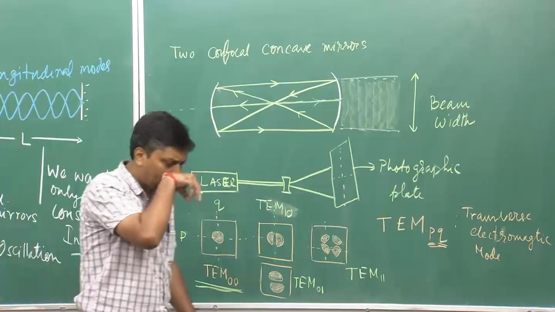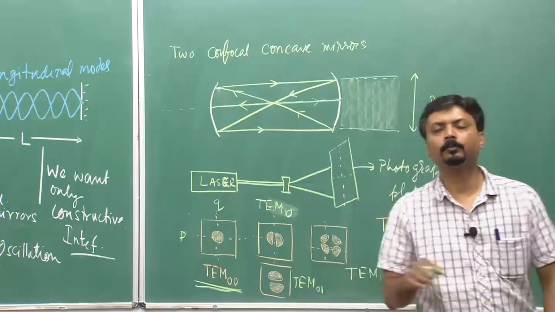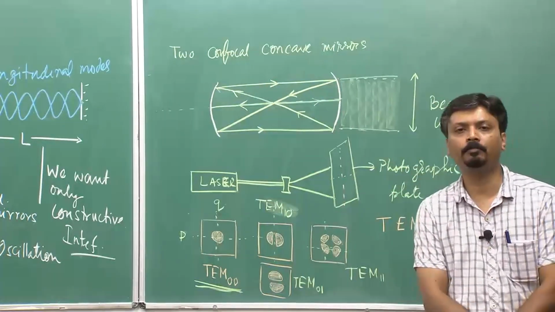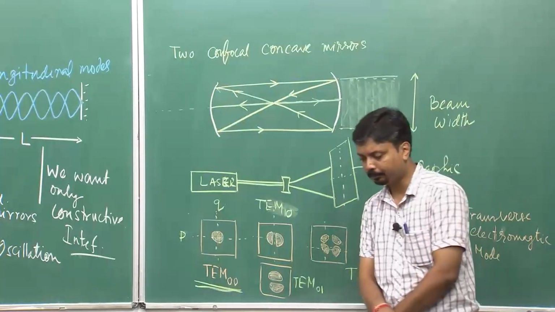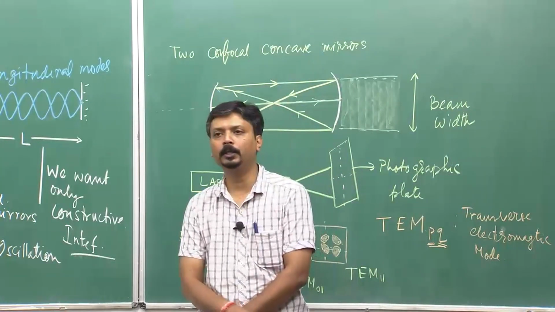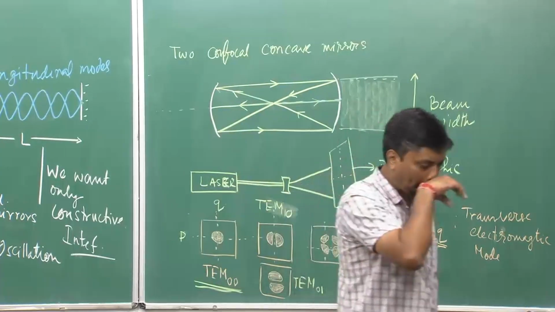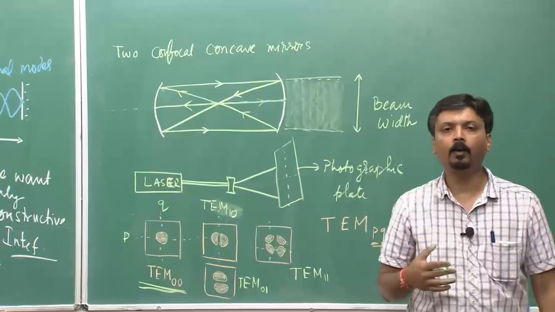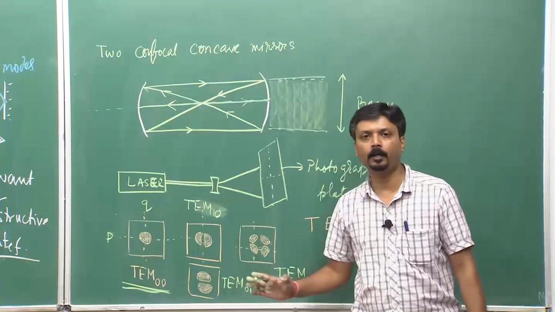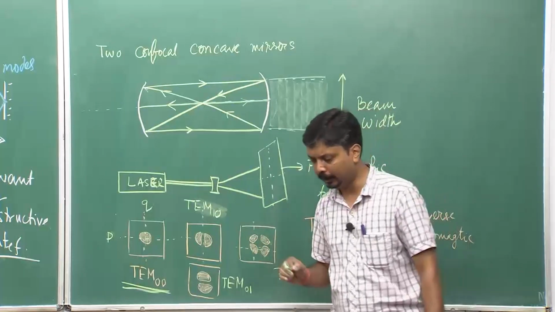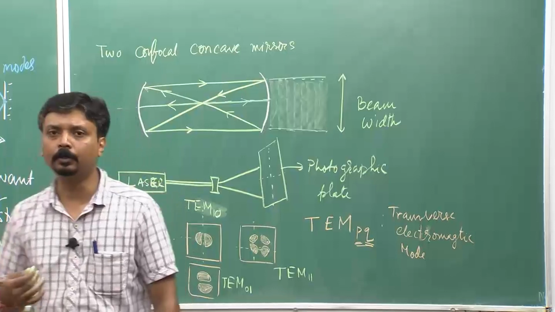I will share a description of various different transverse modes with you. So, please go through them and you will start understanding how to recognize which mode is which, how to name them, and it will be a good exercise for you as well.